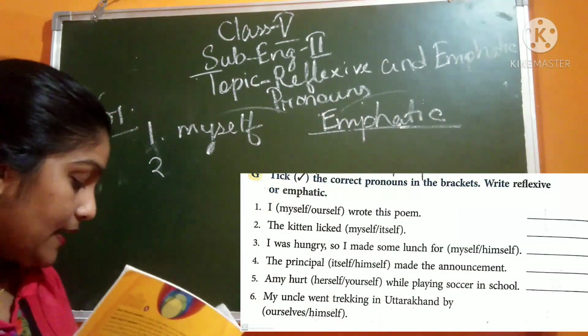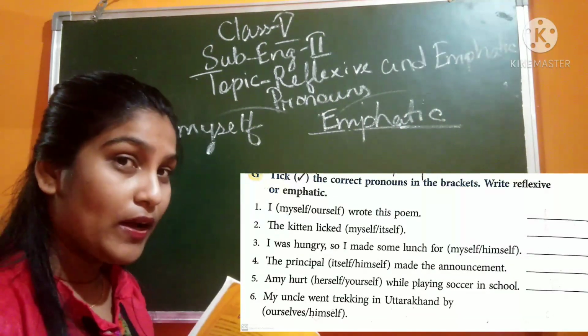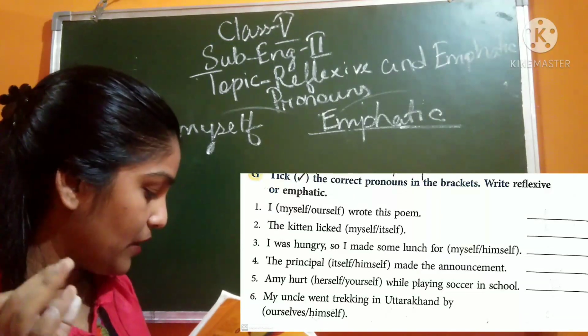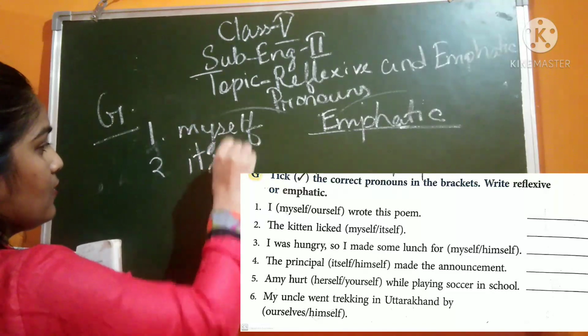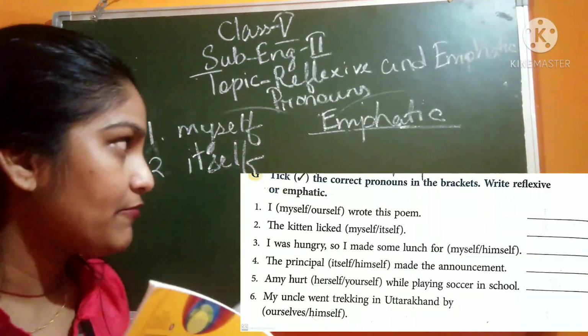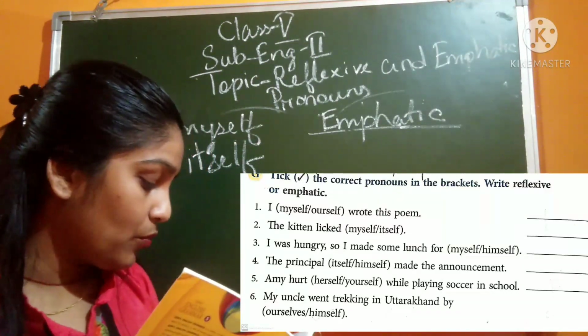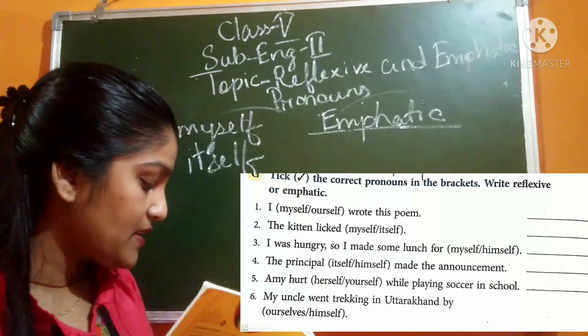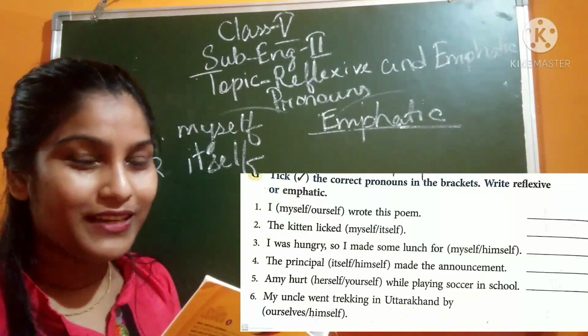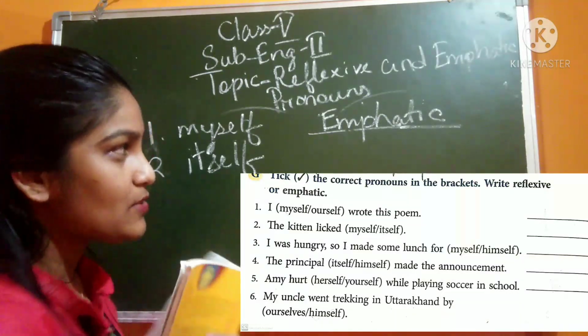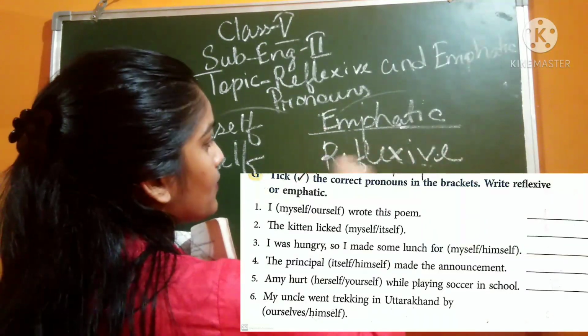Now, the kitten licked. Kitten, this is a small baby, so for that we will not write myself, we will write itself, right? Now we see whether it is emphatic or reflexive. If we remove itself from the sentence, will it make sense? The kitten licked. The kitten licked what? We don't know, so it is not making sense properly. So it is reflexive.